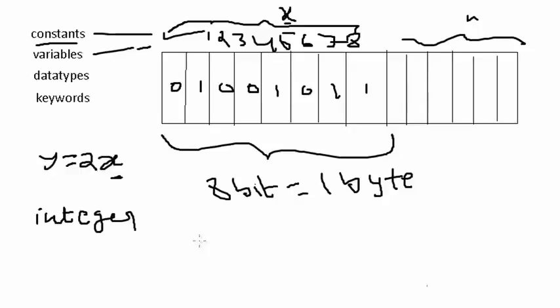We have floating point, we have boolean, and one special data type is called void, which is normally used with functions just to indicate that a particular function is not going to return any values, which we're going to learn later in the tutorials on functions. So a data type is nothing but what type of data is stored in a variable or a memory location. So we have integer, floating point, character, boolean, which is true or false, then void, which is a valueless data type.